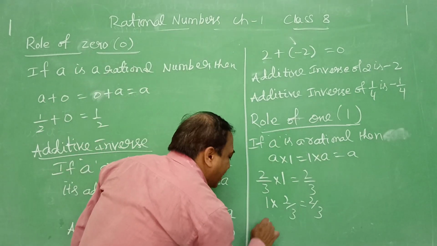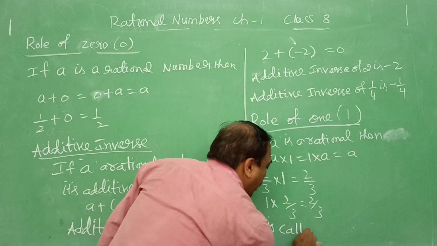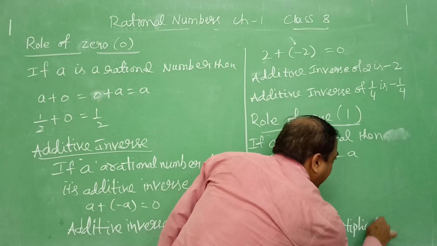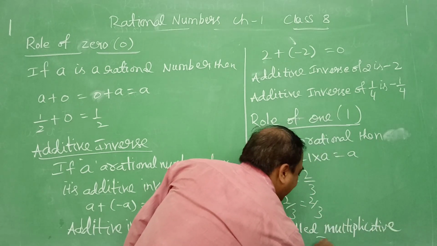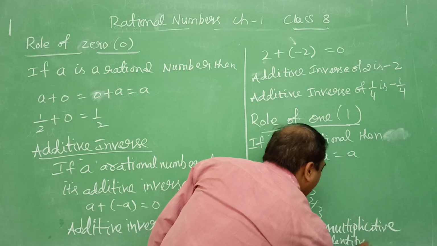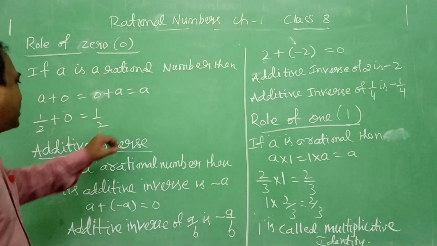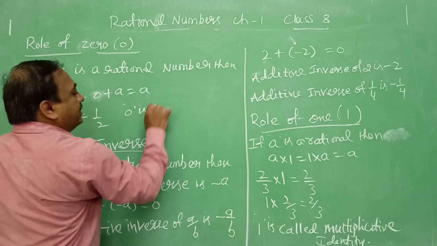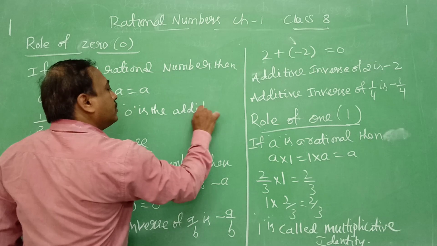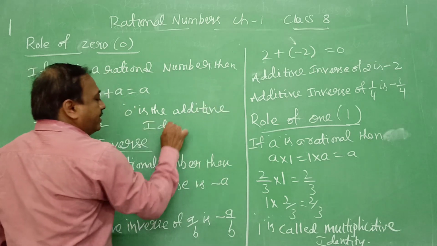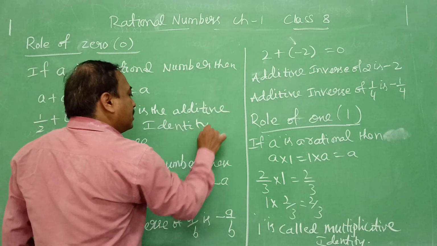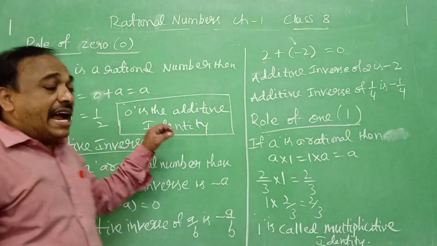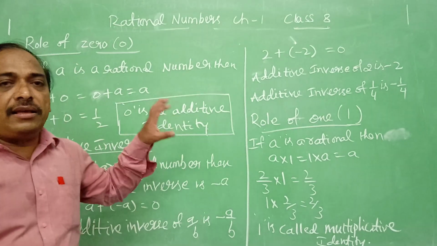So 1 is called the multiplicative identity, and here 0 is called the additive identity. 1 is the multiplicative identity and 0 is the additive identity of rational numbers.